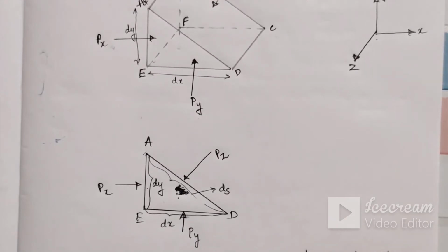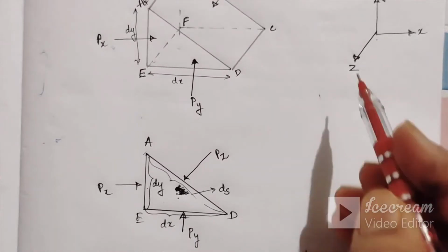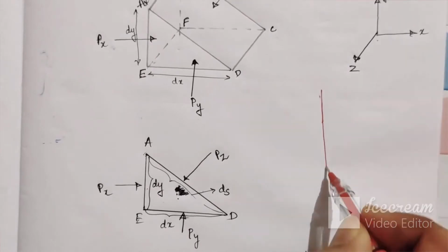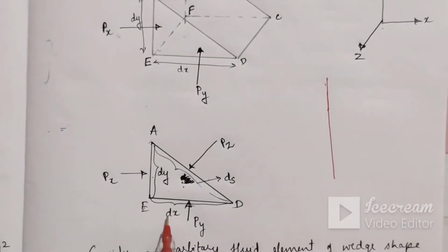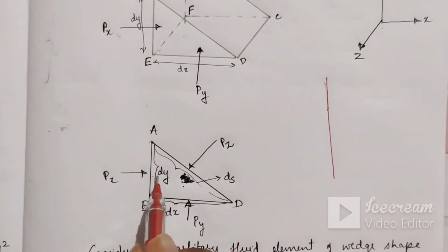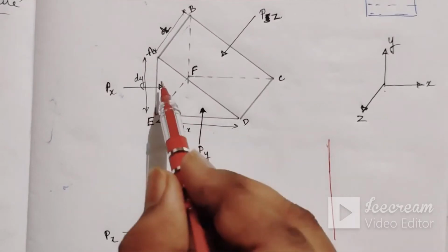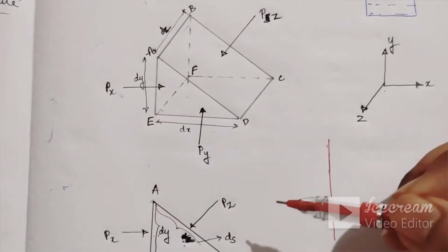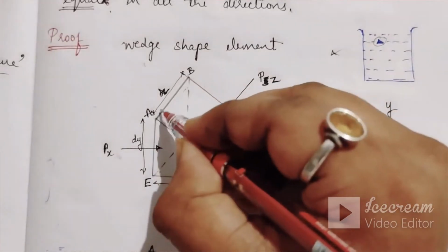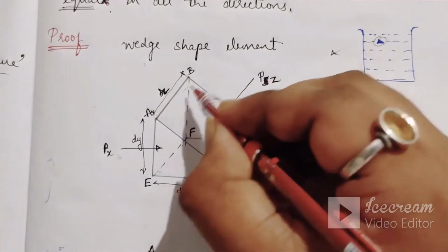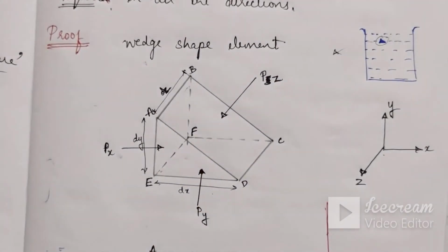Why, I'll tell you. See here, I took this as the surface area dx and this area as dy, right? So I'll take in the 3D element also, this is dx and this is dy. But in the z direction, I'll take this as the inclined area, the inclined surface area is what?